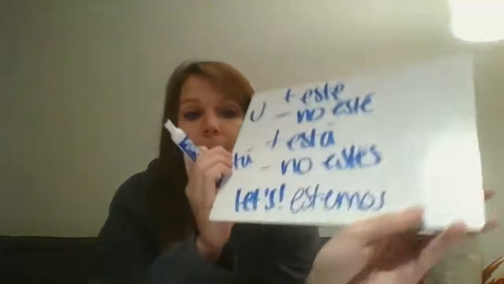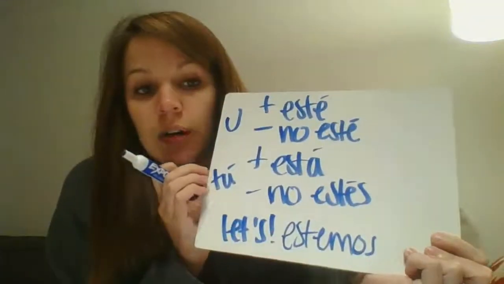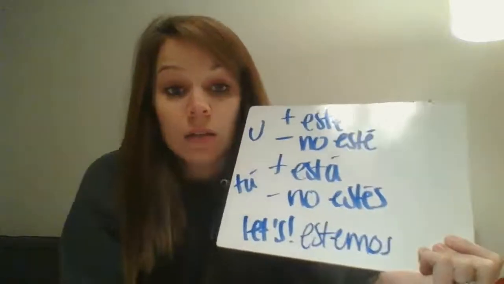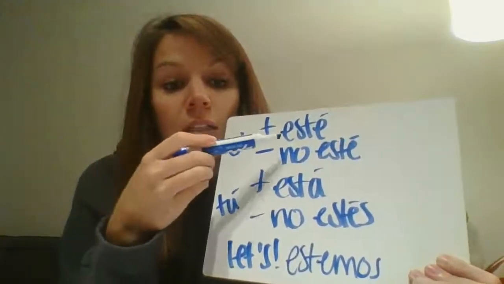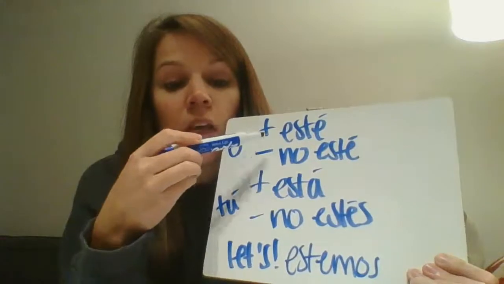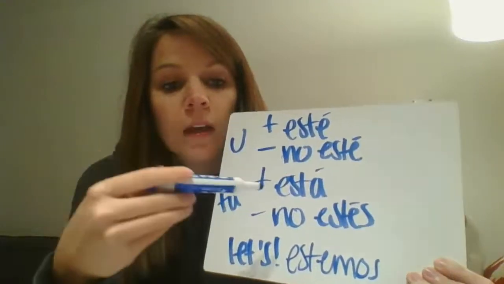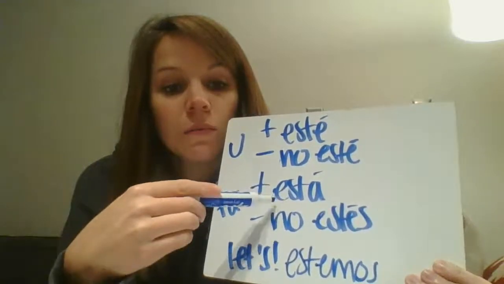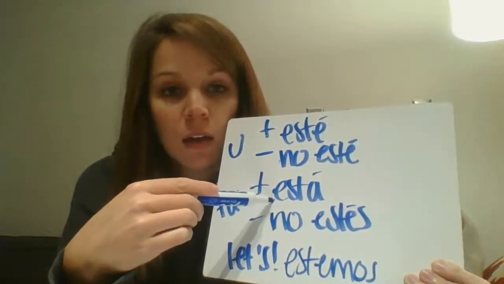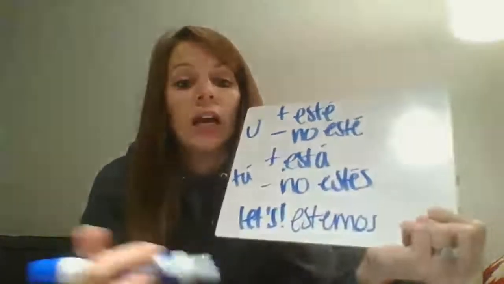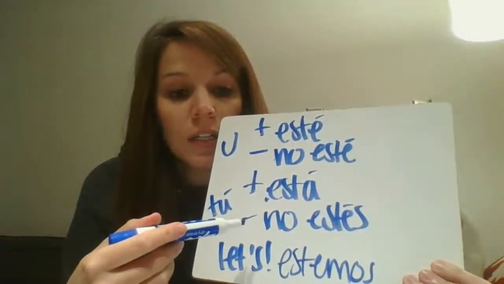Okay, so here's what we got. Lots of accents with estar because estar can mean other things and just has a lot of accents going on. So make sure you have esté with an accent. The negative usted is simply just the positive usted, no esté. Look at my positive tú. That is my normal ending from the ella form. So that's está. And then my negative tú is no estés.